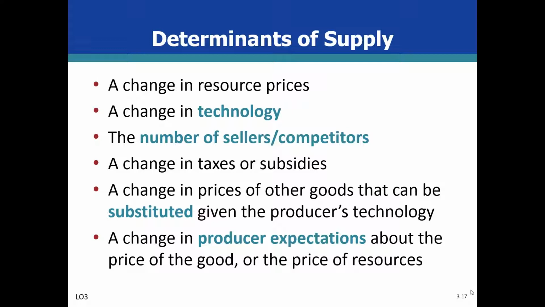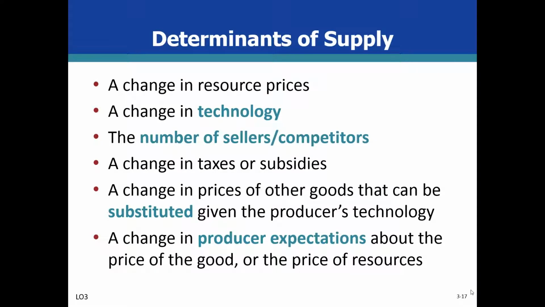If a company is making basketballs and soccer balls with the same technology, then the relative price of each will determine the mix of production and therefore the supply of each to the market, assuming they are relatively interchangeable.